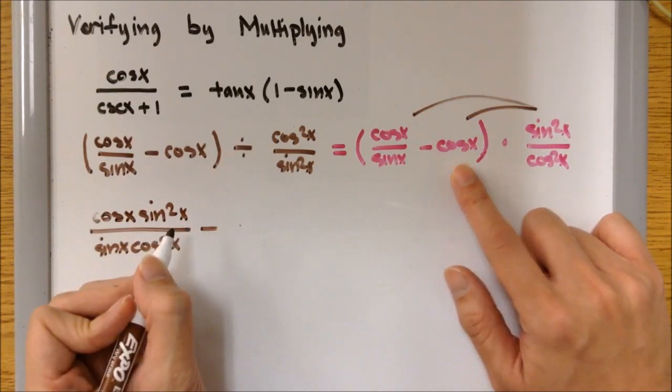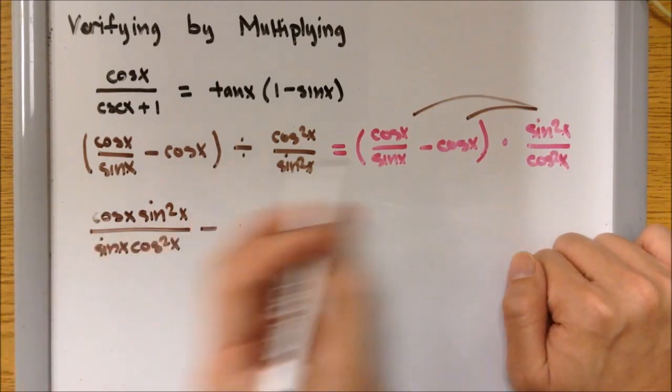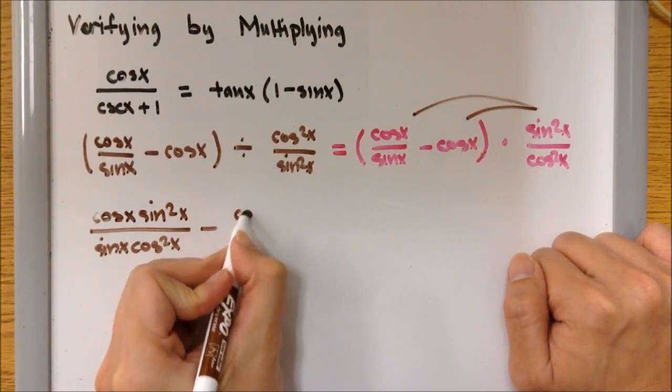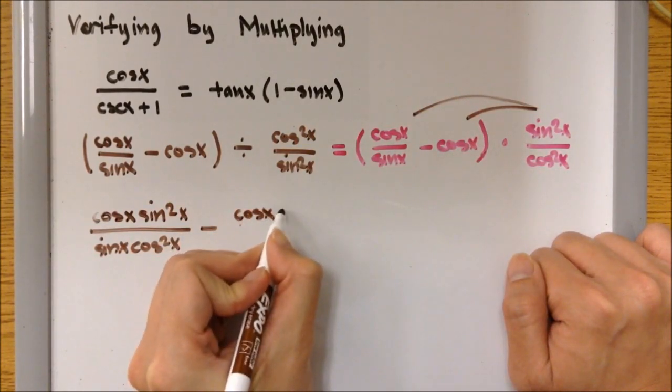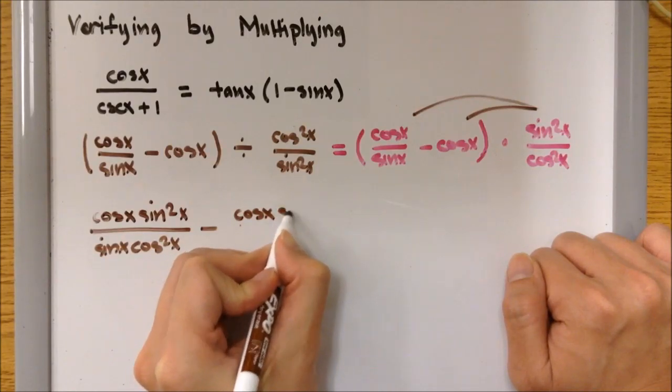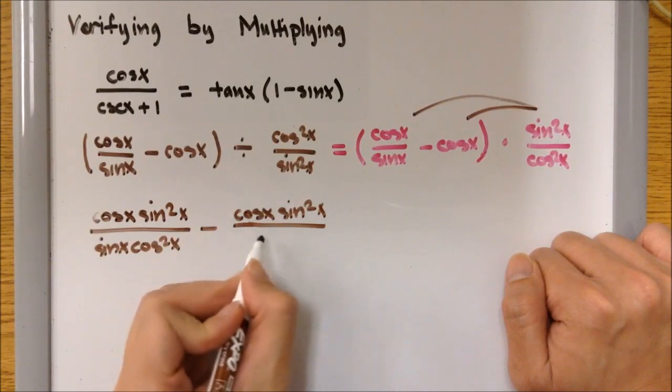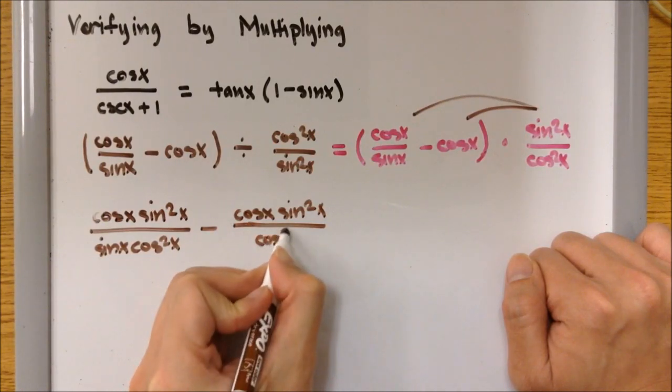So when we multiply, again, it's like a whole number, we're just going to multiply to the numerator. So cosine x times sine squared x over cosine squared x.